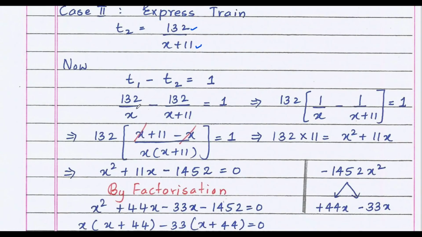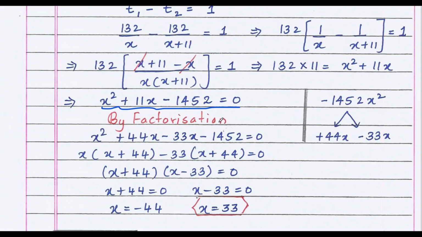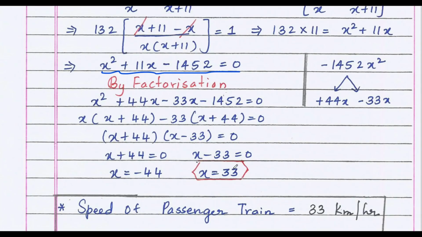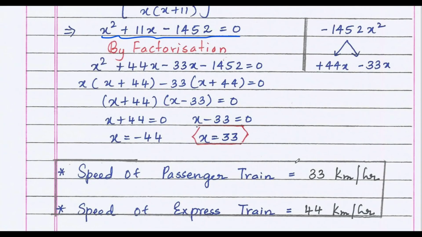That is t1 is 132 by x minus 132 by x plus 11, cross multiplication, and taking common 132 and simplifying we get the quadratic equation x square plus 11x minus 1452 equals 0. By factorization method I have solved. I got x equals 33 kilometers per hour, or you can use the quadratic formula also.